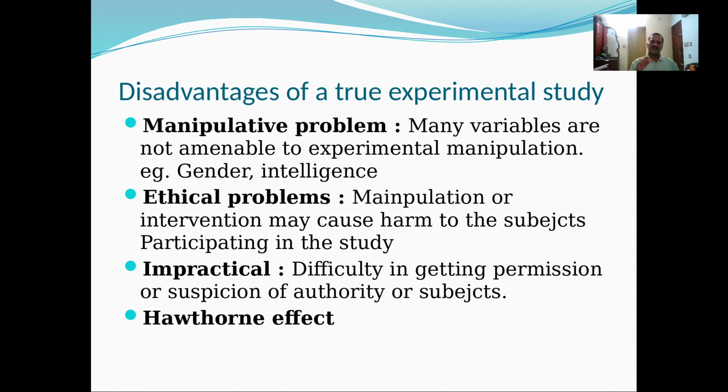Now what is the triple blind study? Even the primary investigator will not be given the information about which is the actual drug and which is the placebo drug. That is triple blinding.